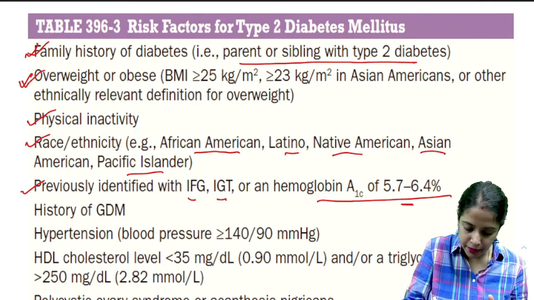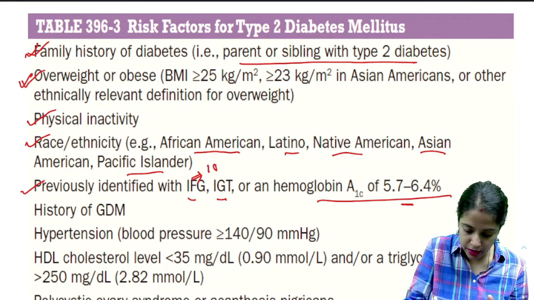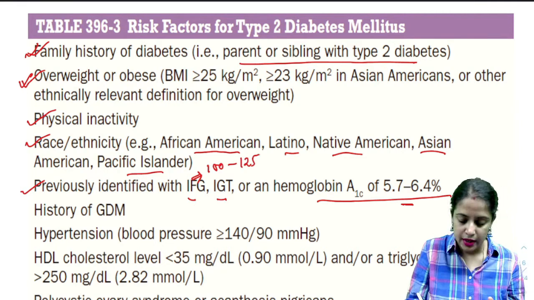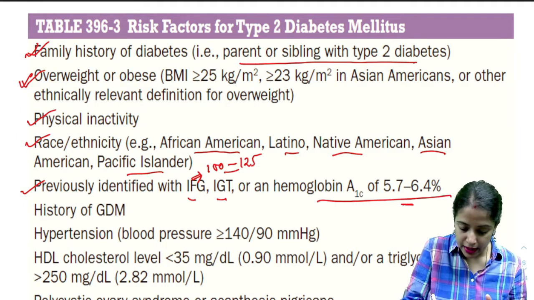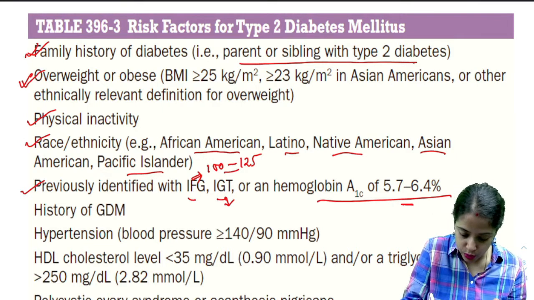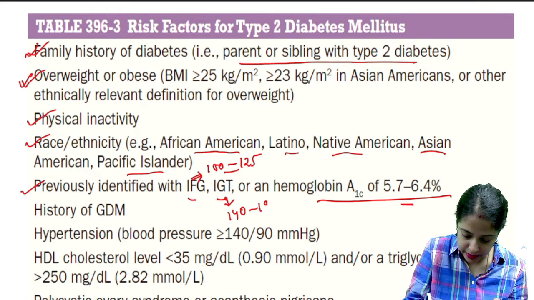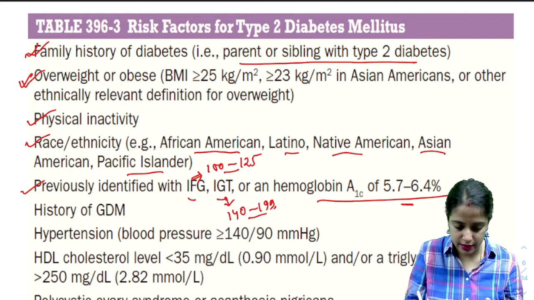Impaired fasting means if the fasting blood glucose is between 100 to 125, then the person is considered as having impaired fasting glucose. Impaired glucose tolerance is when the 2-hour postprandial blood glucose is between 140 to 199.